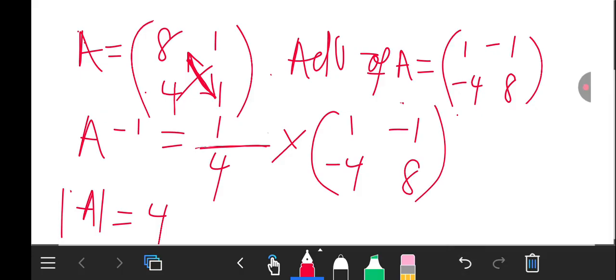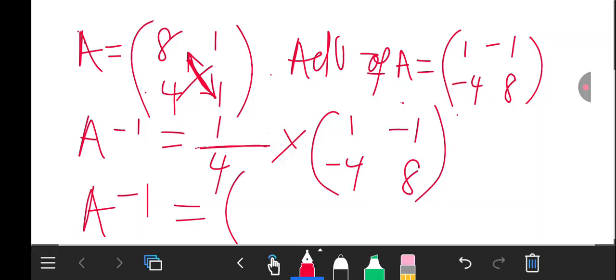We can now find the inverse. A inverse will be equal to 1 over 4 multiplied by everything in the brackets. So 1 over 4 multiplied by 1, 1 over 4 multiplied by negative 1, 1 over 4 multiplied by negative 4.